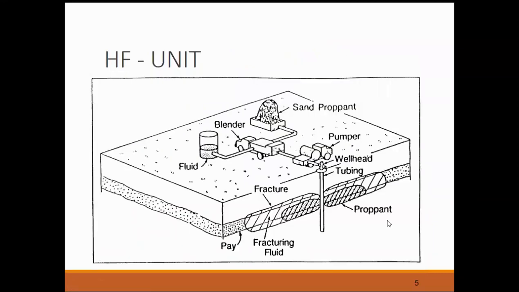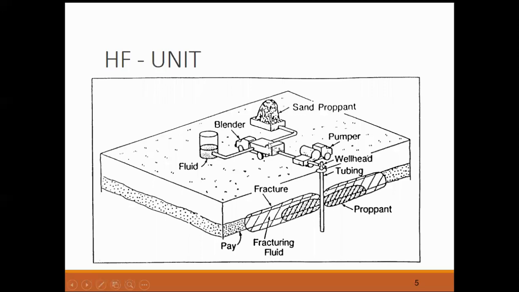So how is it done? A set of equipment is required for this operation. Collectively they are known as the hydraulic fracturing unit, or HF unit, or frac fleet. This frac fleet generally comprises fluid storage and some sand or proppant, which I'll be discussing later in the presentation. Then they are mixed through equipment called a blender, which blends your frac fluid as well as your proppant.